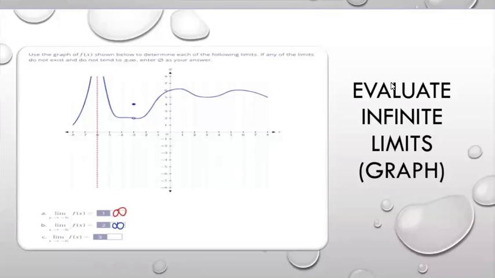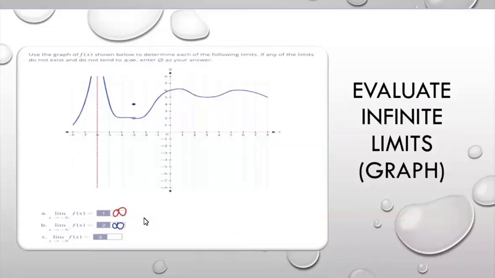Remember that infinity is not a number, it's behavior. When we talk about limits, we're talking about what value the function is approaching when I'm approaching x to this other value. So it's the behavior of the function that we're talking about.